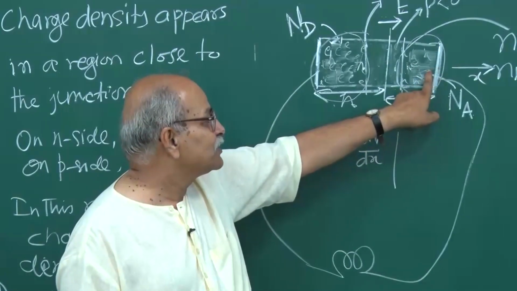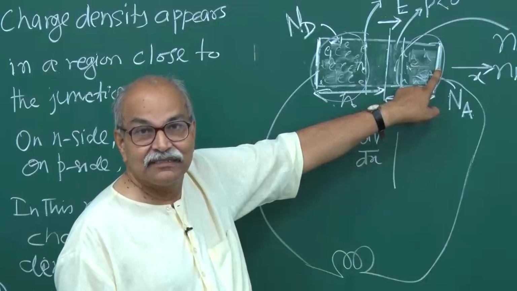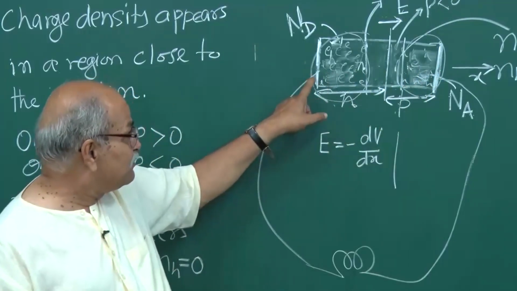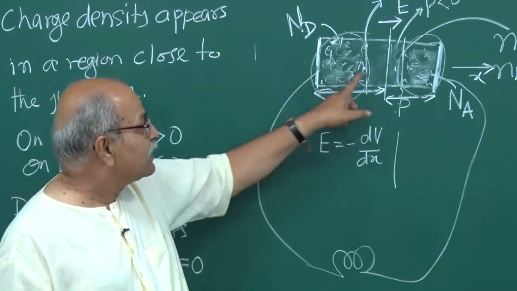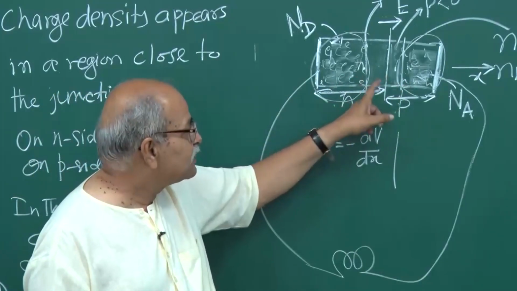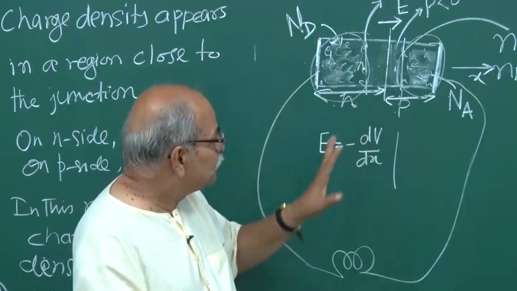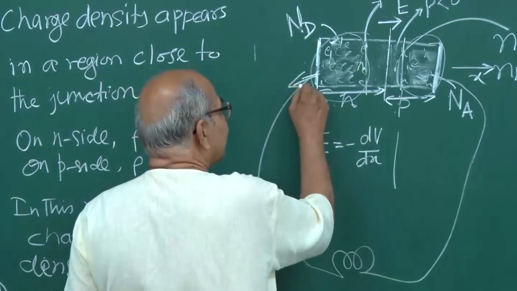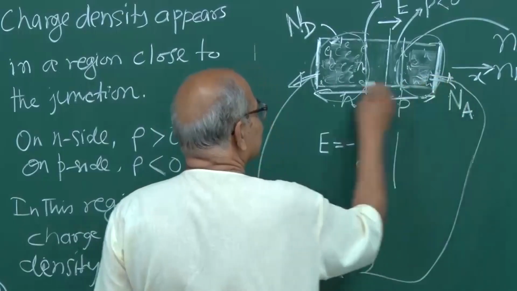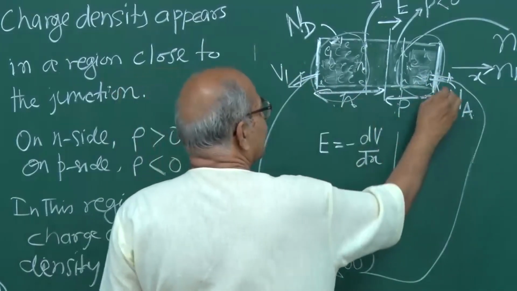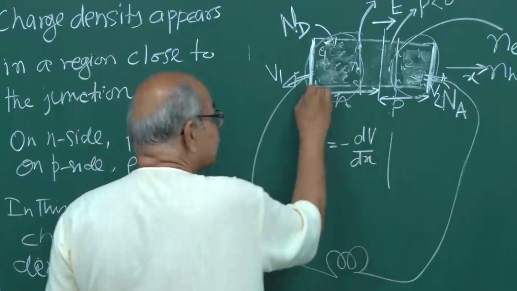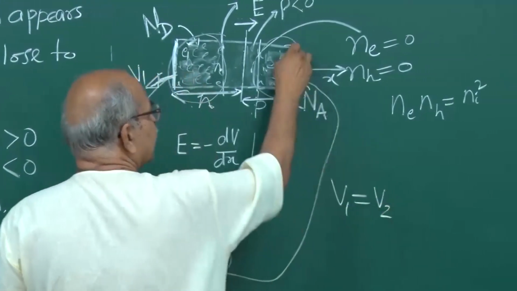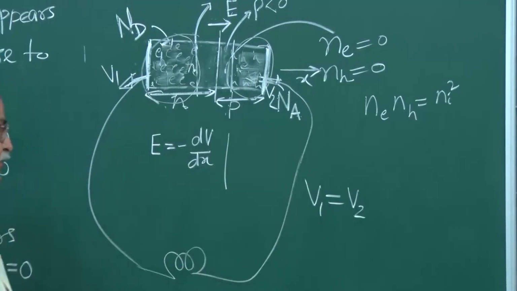So semiconductor to metal, there will be a contact potential difference here, and here also. When you sum all these things, this potential finally is the same as this potential: after the metallic contacts you have V1 equal to V2, and so this bulb is not going to glow anymore.